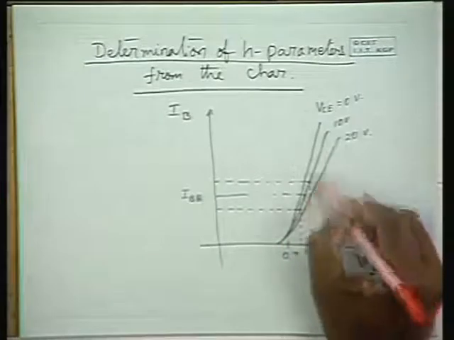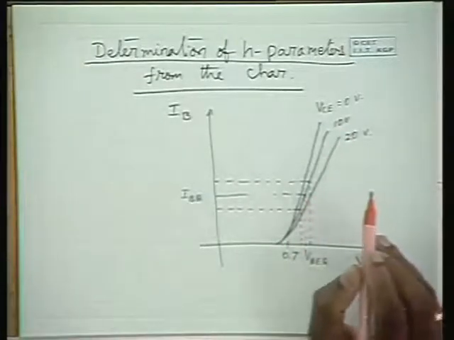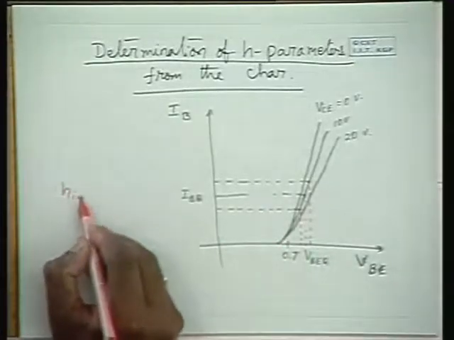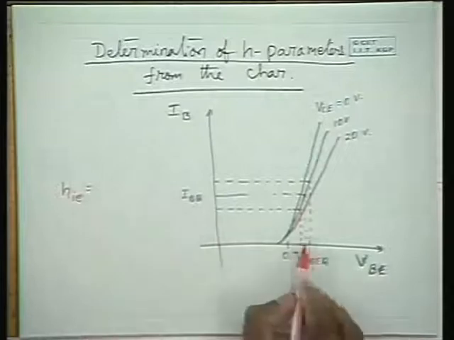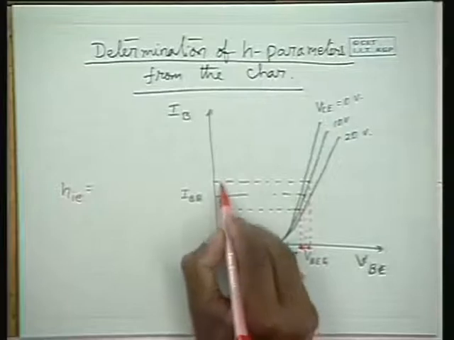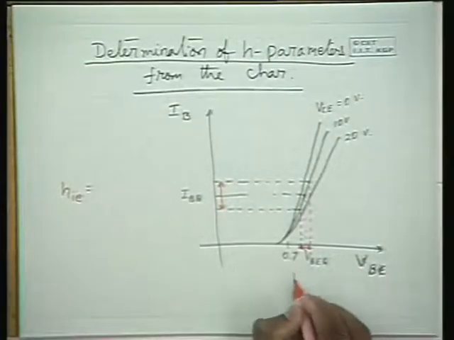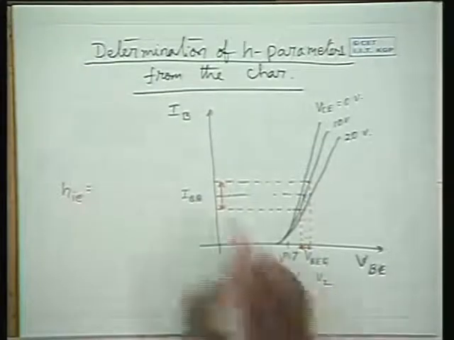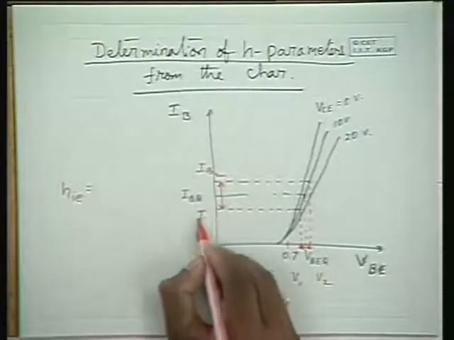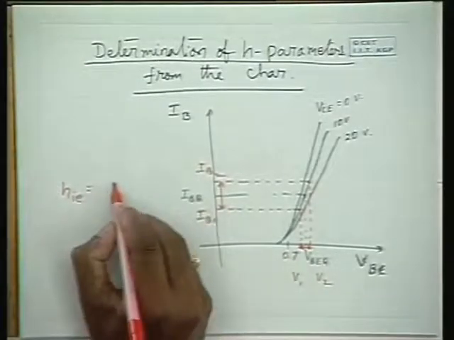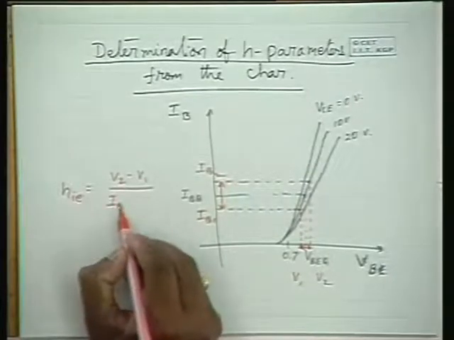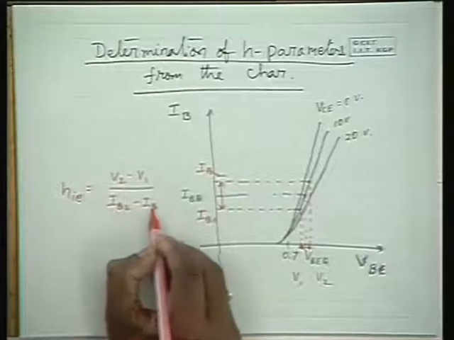And when VC is kept constant at VCQ, that means HIE is equal to this quantity divided by this quantity. If this is V1 and this is V2, and if this is IB2 and this is IB1, so HIE is V2 minus V1 by IB2 minus IB1.